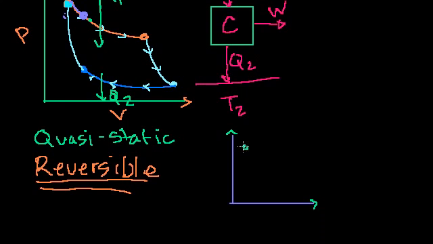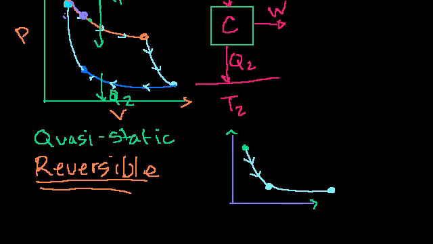So I could start at state A here, and then I could adiabatically contract. Adiabatic contraction would look something like this, and I'll get to that state. Then I can isothermally expand, so I'm going like this. I'm along an isotherm, doing some isothermal expansion. So in this case, I'm doing work, but I'm doing work isothermally, right?